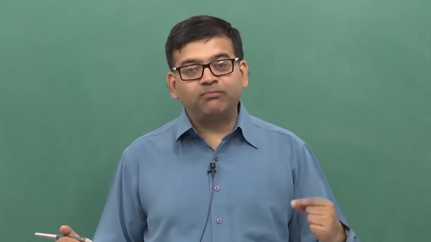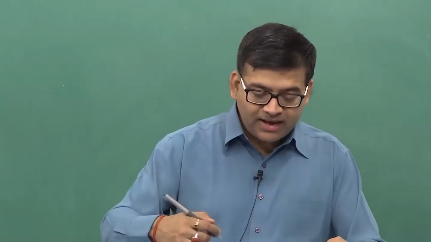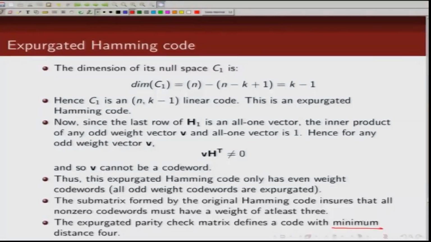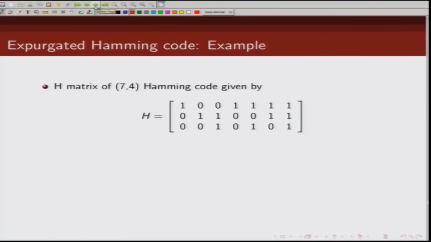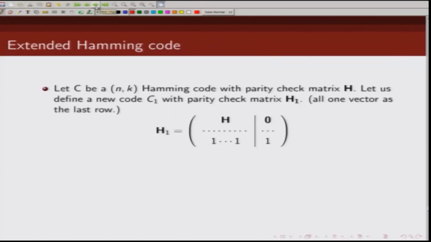The original code has minimum distance 3, but now we got rid of all odd weight code words. So, the minimum distance of this new code, the expurgated Hamming code, would be 4. So, this is an example. This is the parity check matrix of the original Hamming code, and if we add an all 1 row in the parity check matrix, we get the parity check matrix of an expurgated code.